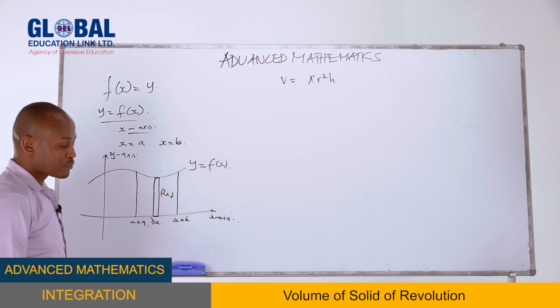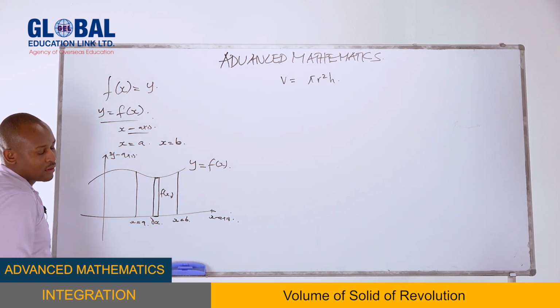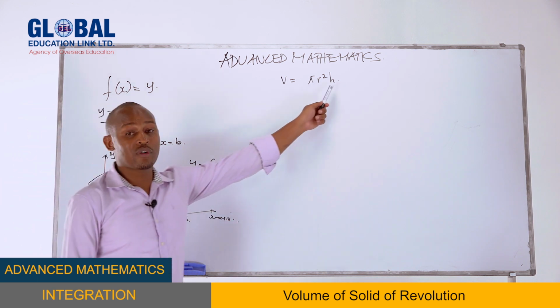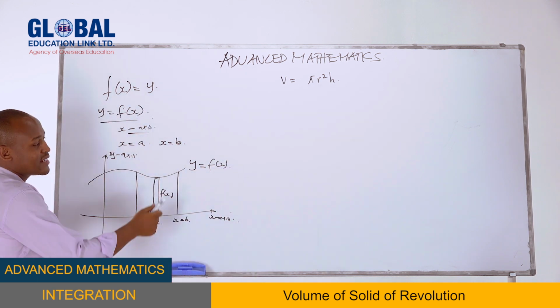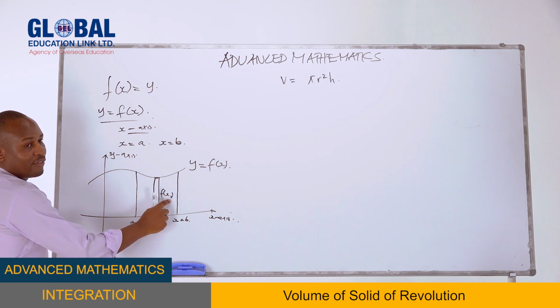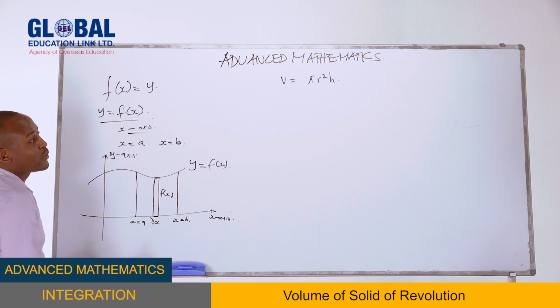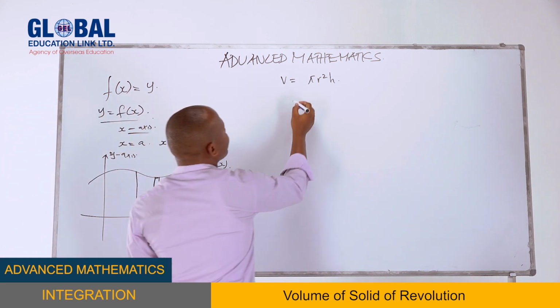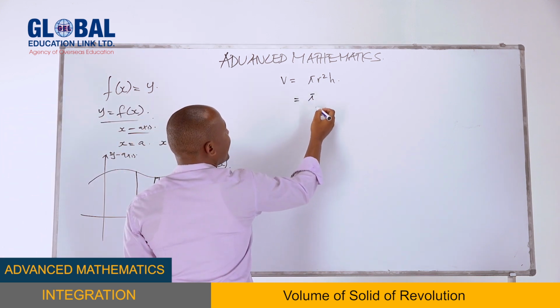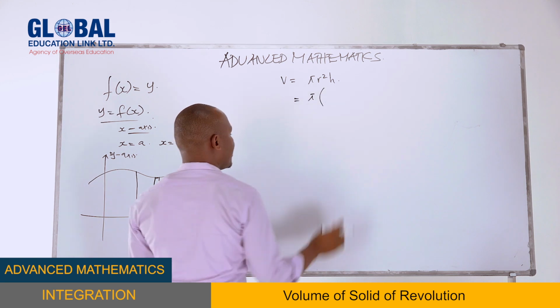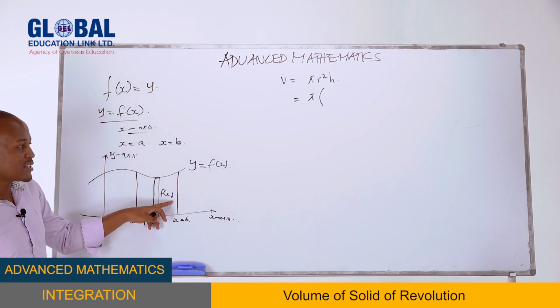And remember, our dx, the small change in x, is the height I'm trying to talk about. And our radius will be f of x1. That means this will be your radius. Now you will have the following. That is to say, you have the pi, and you will multiply with that, which is your radius.